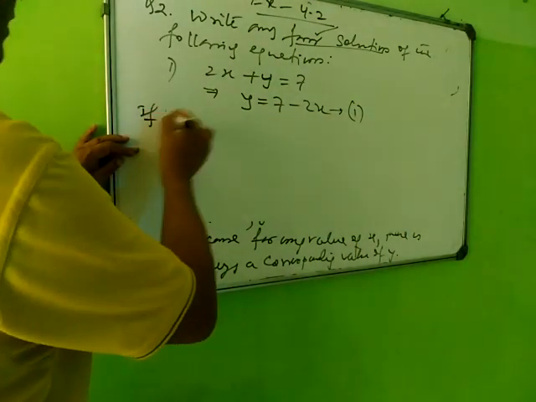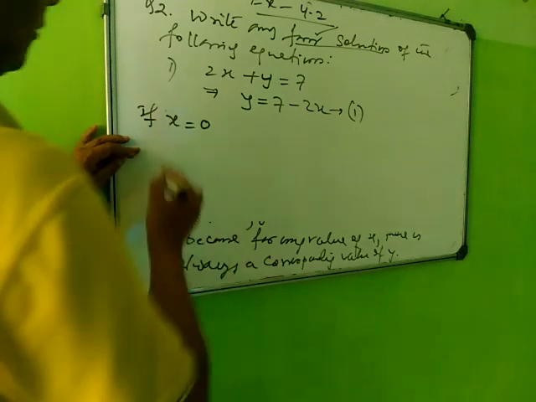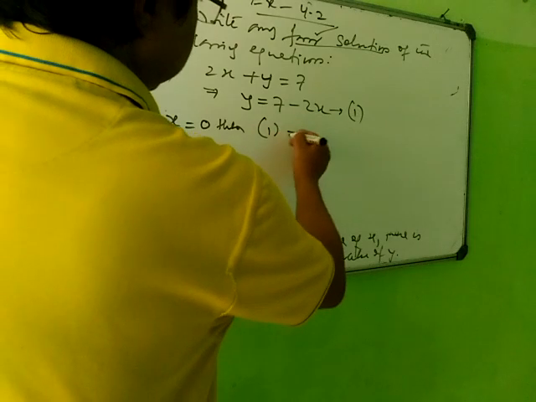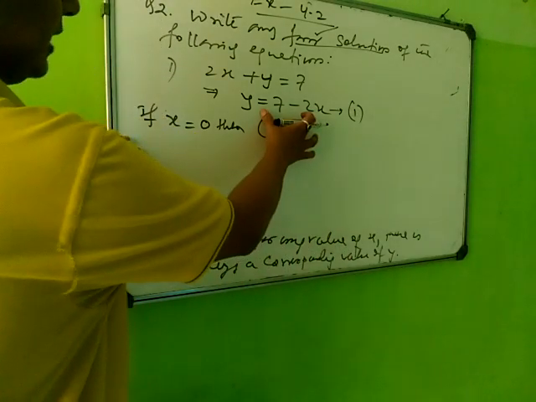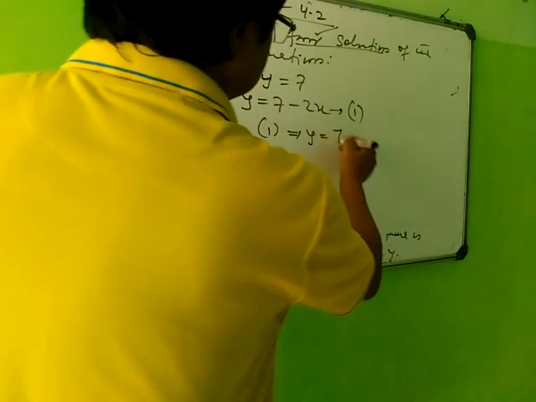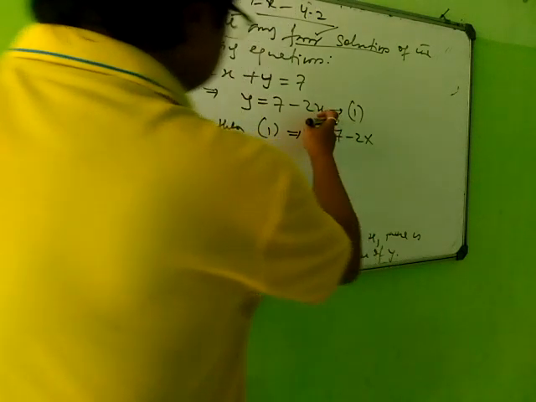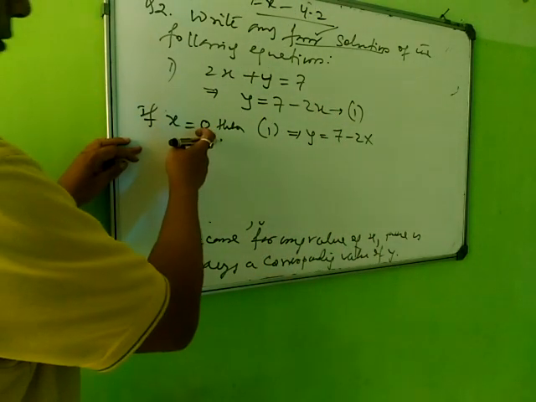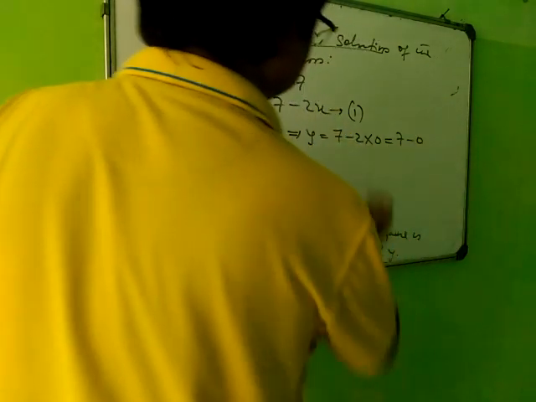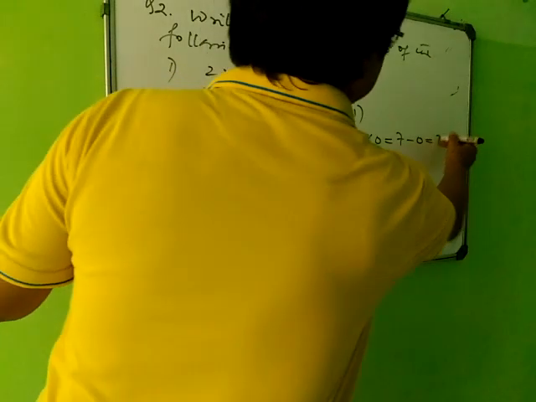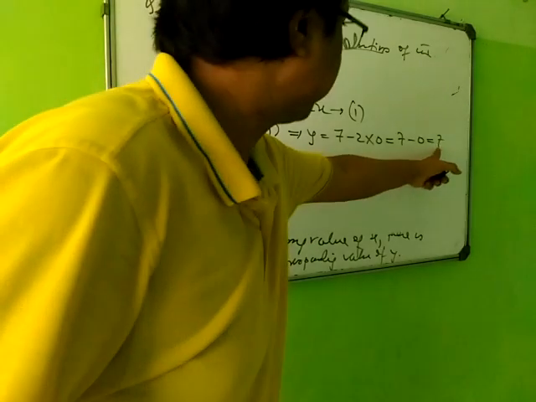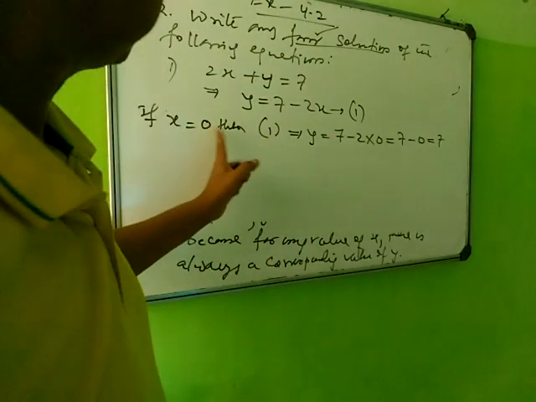If x is 0, then from equation number 1 we get y equals 7 minus 2 into 0, which is 7 minus 0, so you get 7. So you have got the first solution, that is 0, 7, because y is 7, x is 0.